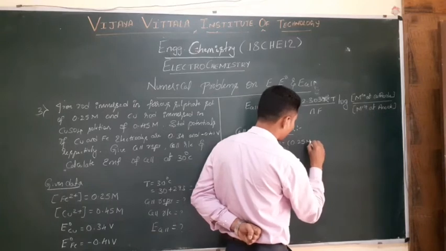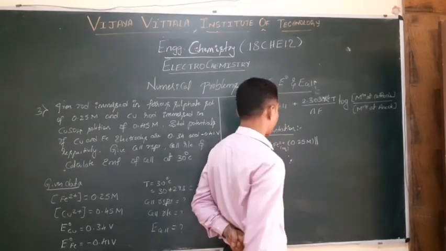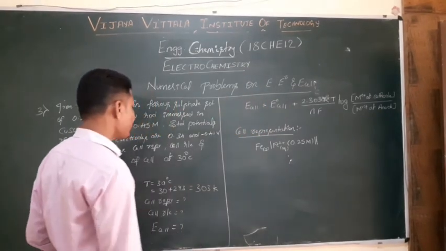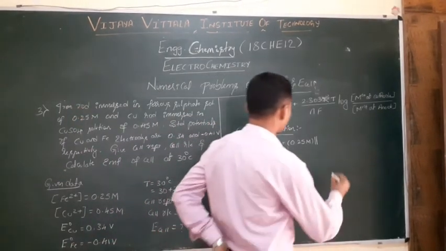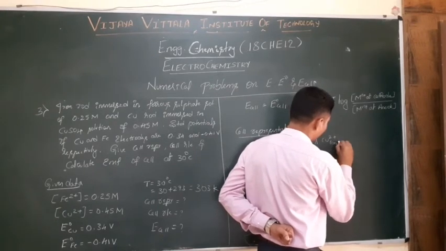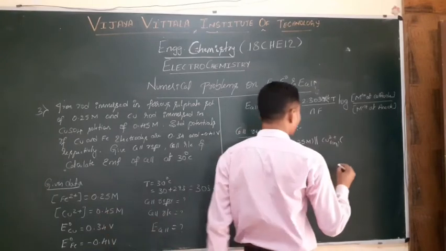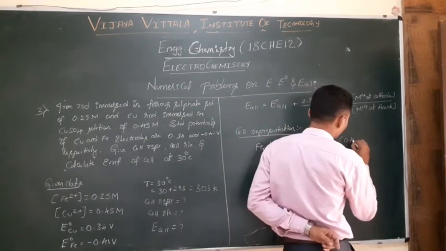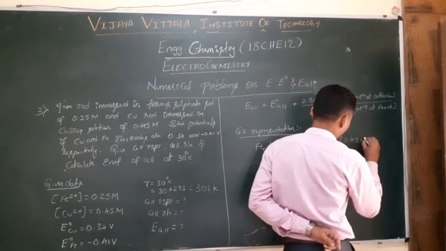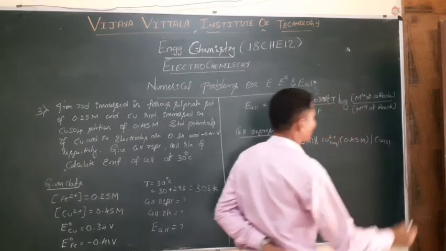Double slash, then Cu2 plus aqueous, with concentration 0.45 mole, and then the copper electrode.